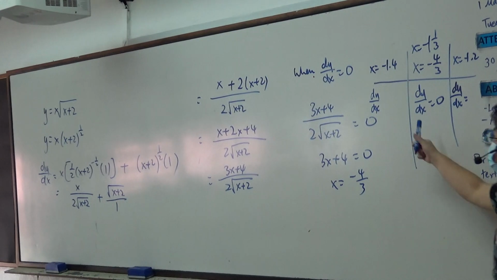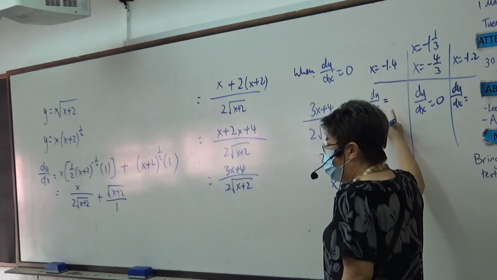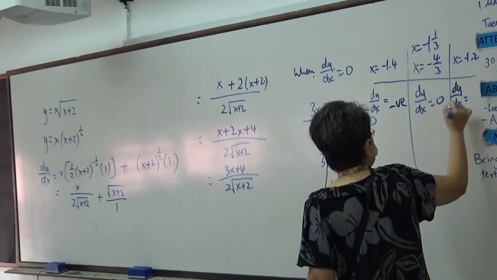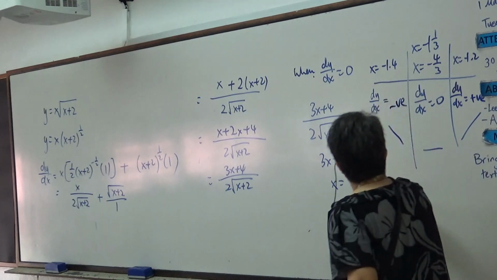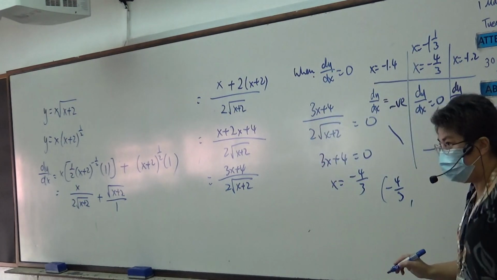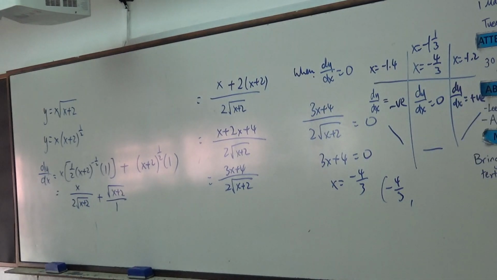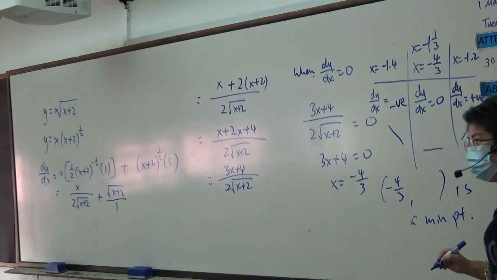Okay, what is this? Positive or negative? This side, negative. How about this side? Positive. So, negative, 0, positive. So, negative 4/3, right? Is a minimum point, right?